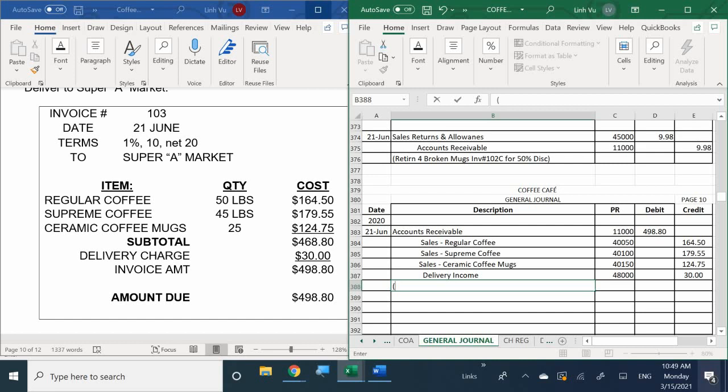What's the description that I should put here? Deliver. Yep. This is invoice number 102. Good. Deliver to Super A Market.